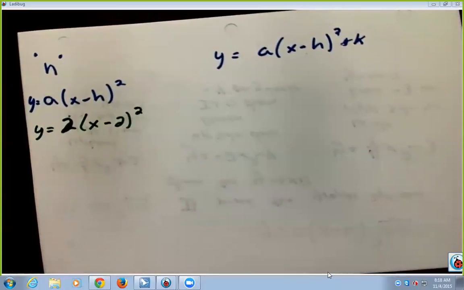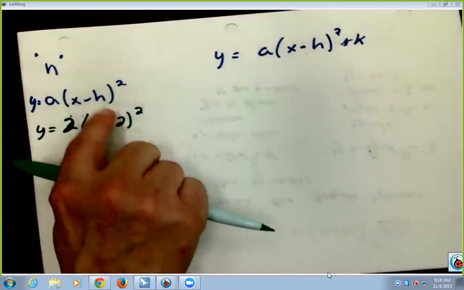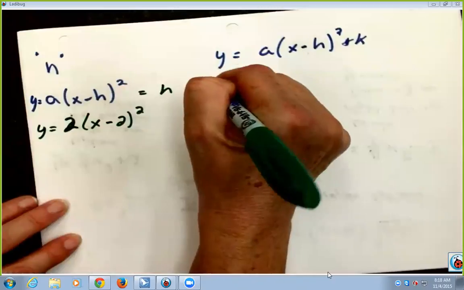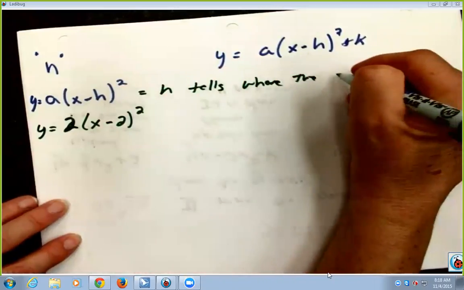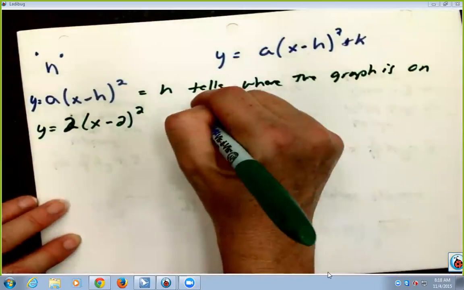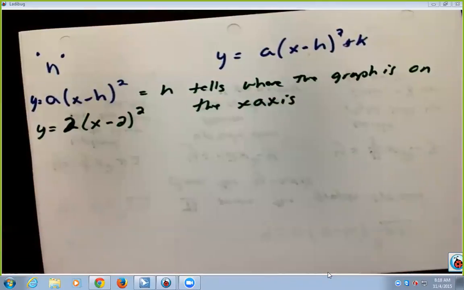Okay, so what do I know so far? The only thing I know with this one is it's a narrow graph, it's facing upward. That's what I know. This H that's in here, the H tells where the graph is on the x-axis. So it's going to be on the x-axis this time.